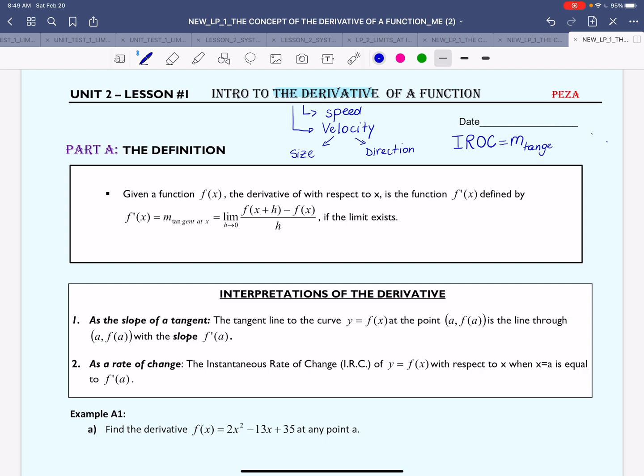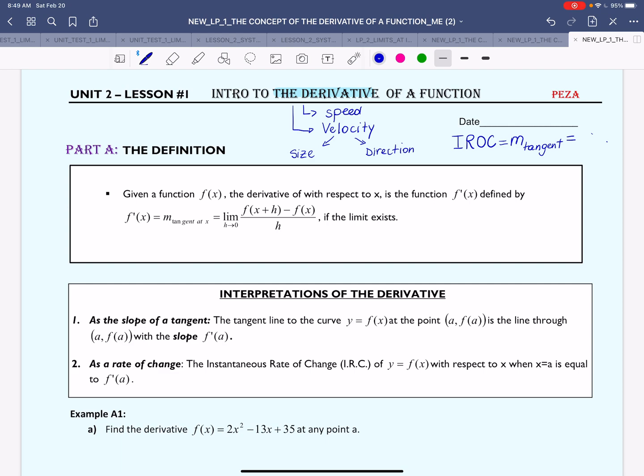Now remember that instantaneous rate of change is also another word for the speed or the velocity of a function at a point. So we're going to say that the derivative of a function is nothing but the speed of change of the y values of a function, or the velocity, even better, or instantaneous rate of change of a function, or the slope of the tangent at a point on the graph of a function.